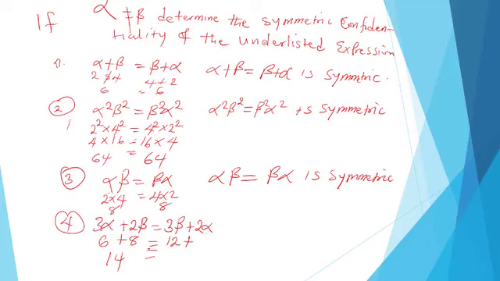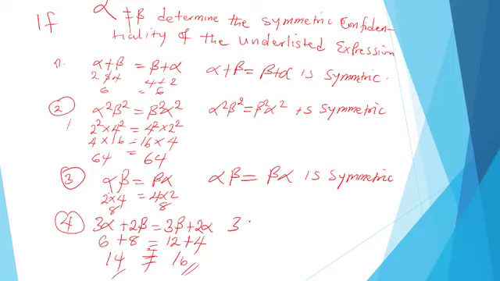So if we do 3 times 2 is 6, plus 2 times 4, which is 8, 6 plus 8 is 14. Now 3 times 4 is 12, plus 2 times 2 is 4. So 12 plus 4 is 16. So you can now see that this is not equivalent to this.